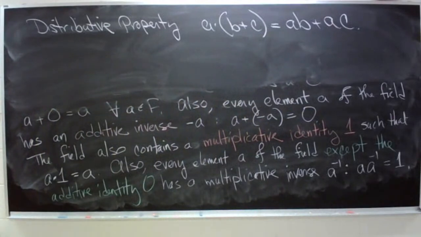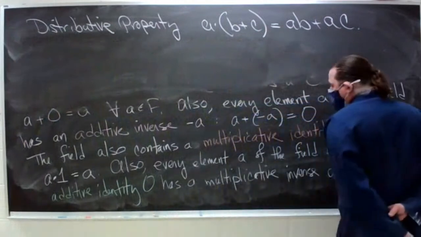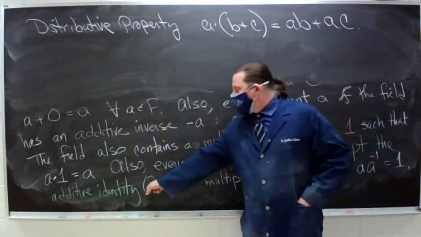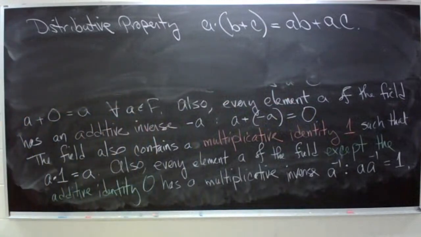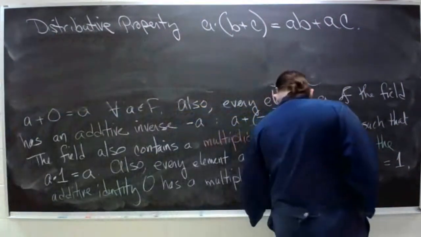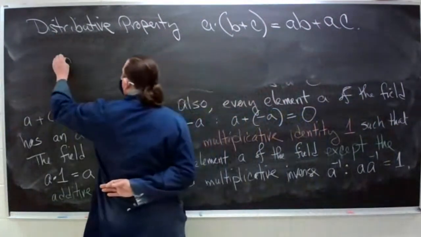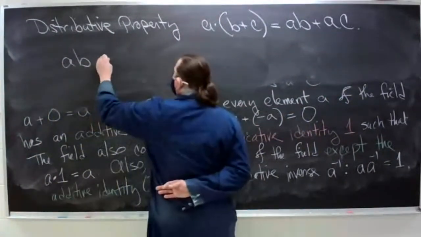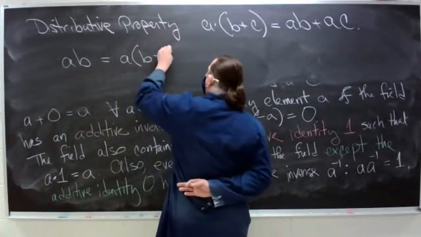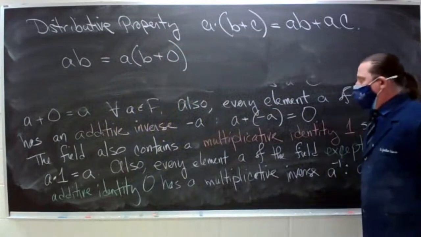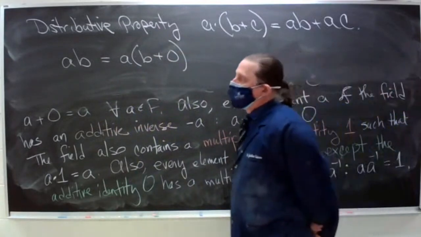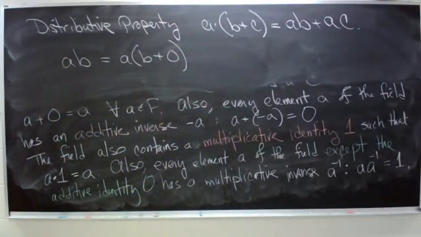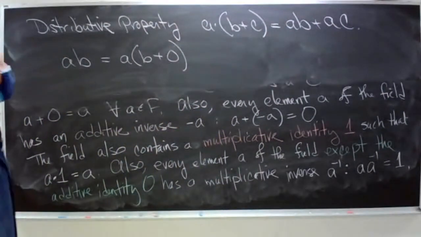Interestingly, it is this property that causes us to exempt the additive identity from having a multiplicative inverse. The reason for that is that A times B is equal to A times the quantity B plus 0, by definition of the additive identity.